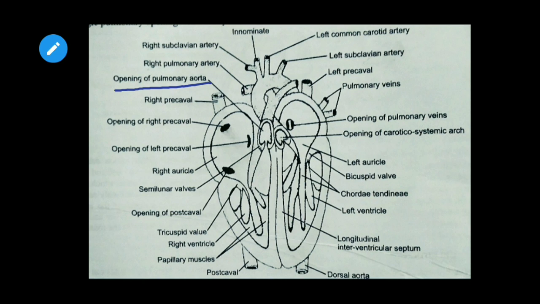Then this wave of contraction spreads in the form of concentric rings over the two auricles, which contract simultaneously. That is called auricular systole. At the same time, the bicuspid and tricuspid valves at the left and right auriculoventricular apertures respectively open, forcing the oxygenated blood from the left auricle into the left ventricle.